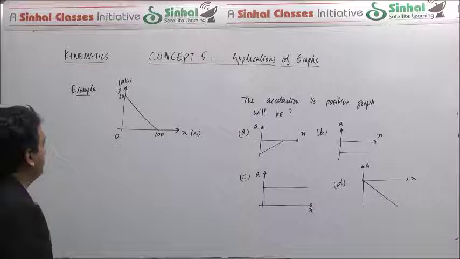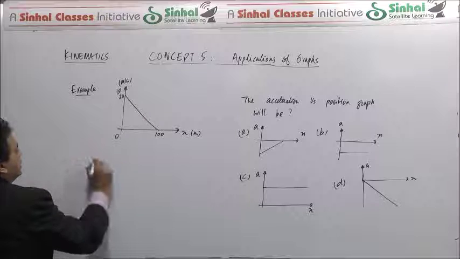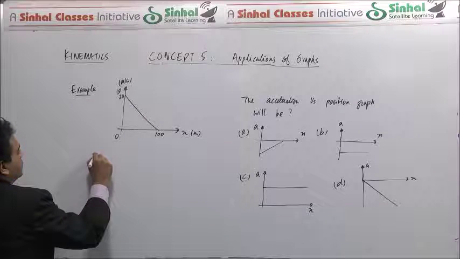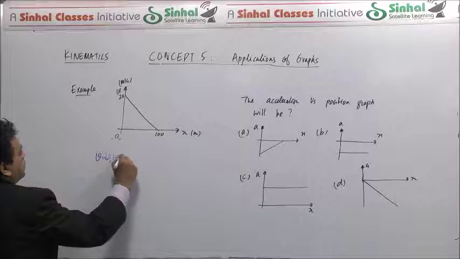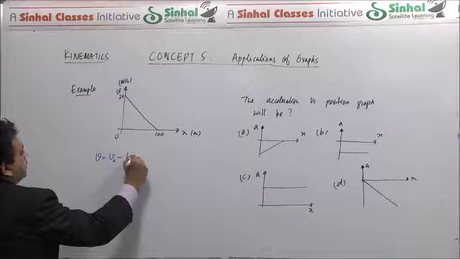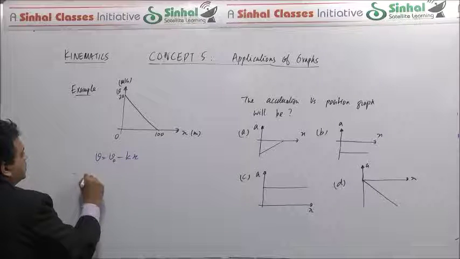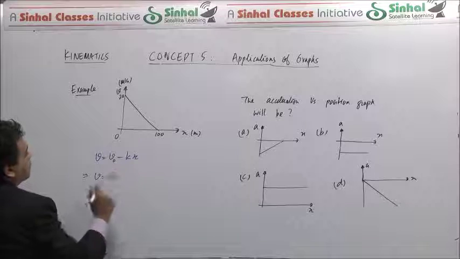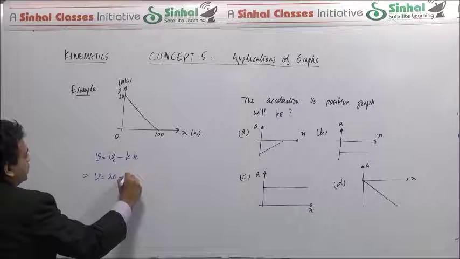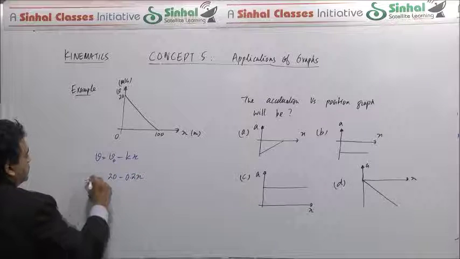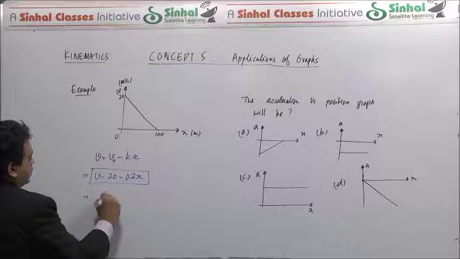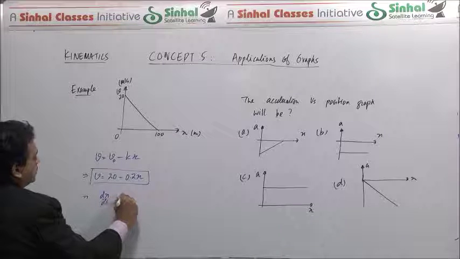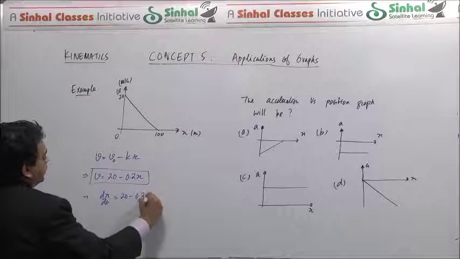So what we can analyze from here is that the velocity as a function of position is something like this. It is some constant minus some constant into x, which we can see over here is actually 20 minus the slope of this, which is 0.2x. So dx by dt is 20 minus 0.2x.